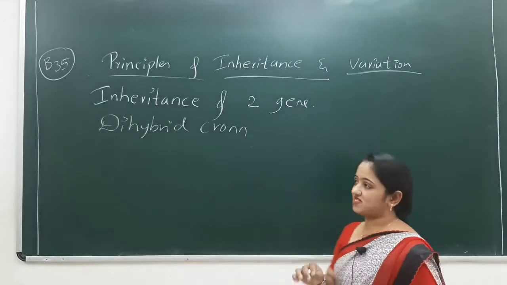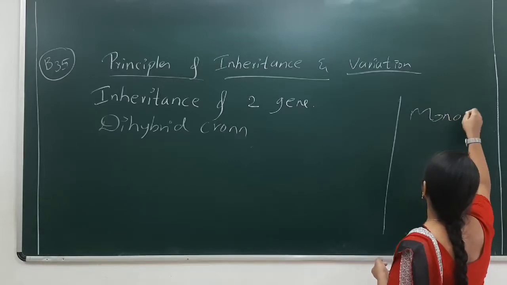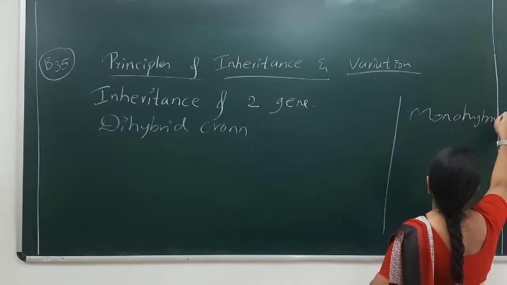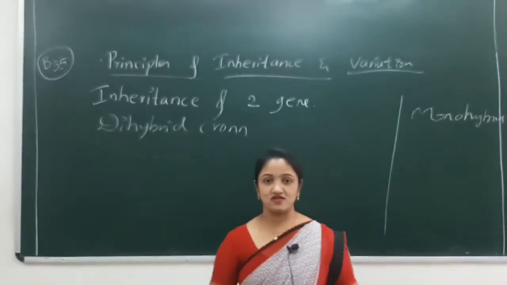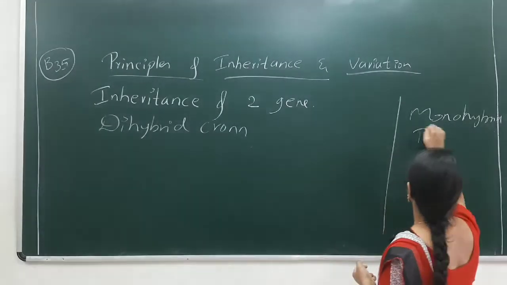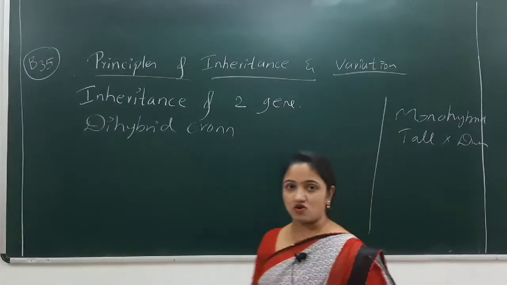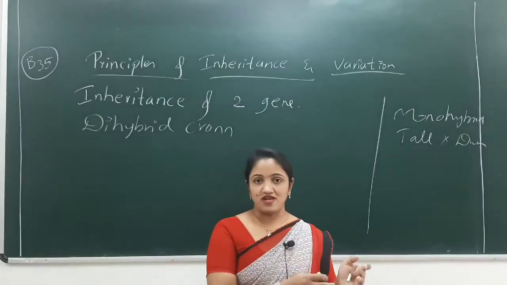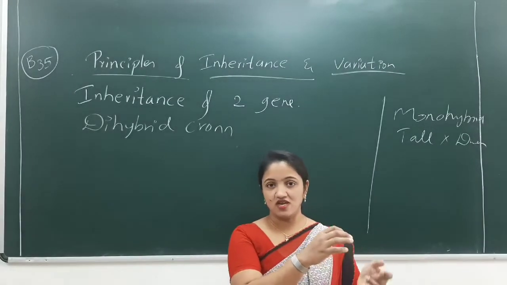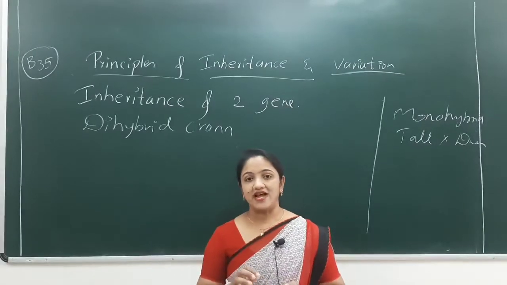In the first case study, that is Mendel's monohybrid cross, Mendel selected only one character, that was tall and dwarf. He crossed the tall plant with the dwarf plant.